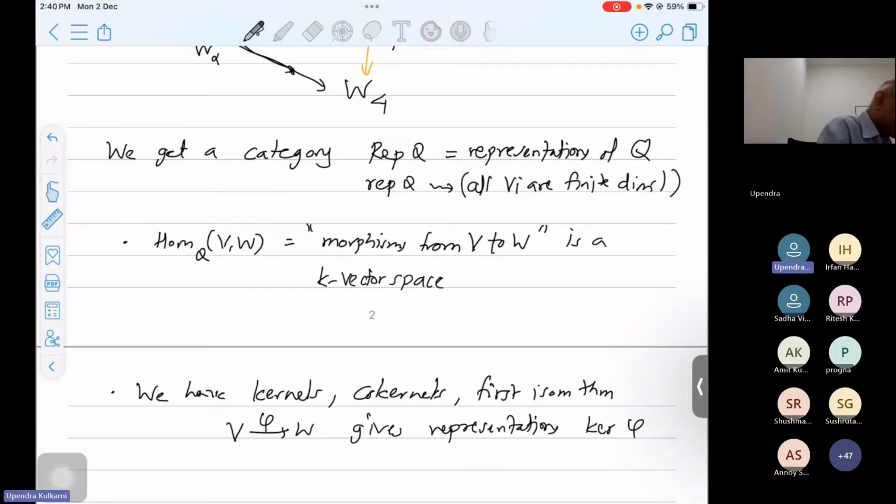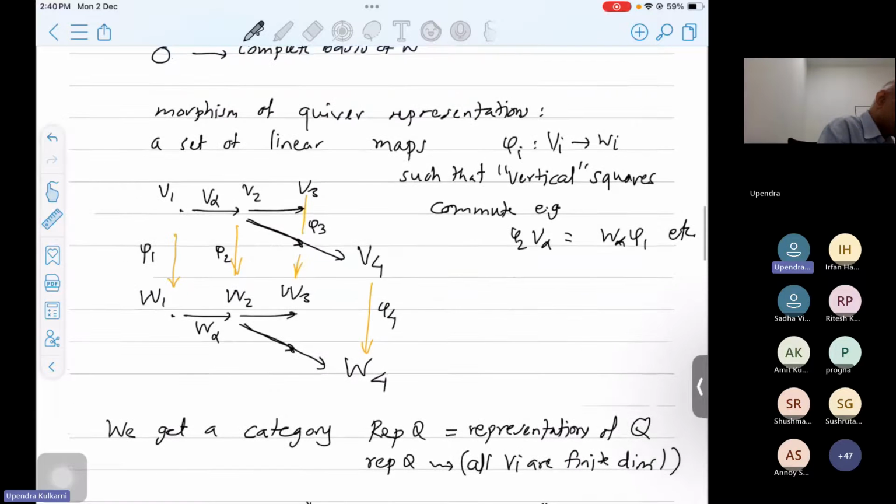So what does that mean? That simply means that if you are thinking of this V and W as sitting on two pages that are held horizontal, then the kernel is something sitting on top of V1. So the kernel of phi 1 will be a vector space over here. Let's say that will be K1, which will be a subspace of this. And likewise, you will have K2, K3, and K4.